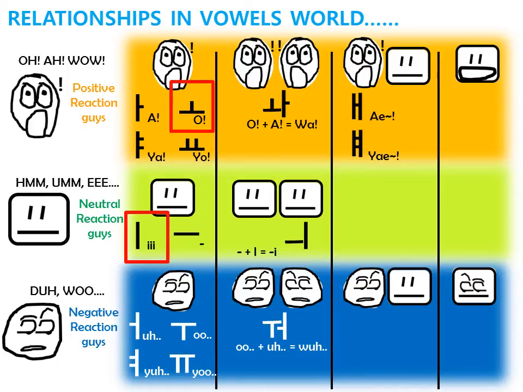Then O and E can be combined together, which makes we. Now this is an odd one. You just have to remember it. It doesn't make any sense because O and E come together and it should become oi, but it just becomes we. This is one odd thing from this table you need to remember.